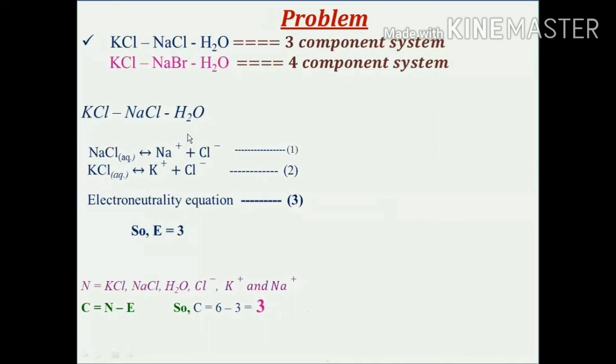Again, you go to the imagination section. Water is there, so definitely it is in the aqueous state. In the aqueous state, it dissociates into K plus ion and Cl minus ion. So this is one of the equations that can be formed. Another equation is NaCl dissociating into Na plus and Cl minus. So this is the second equation.